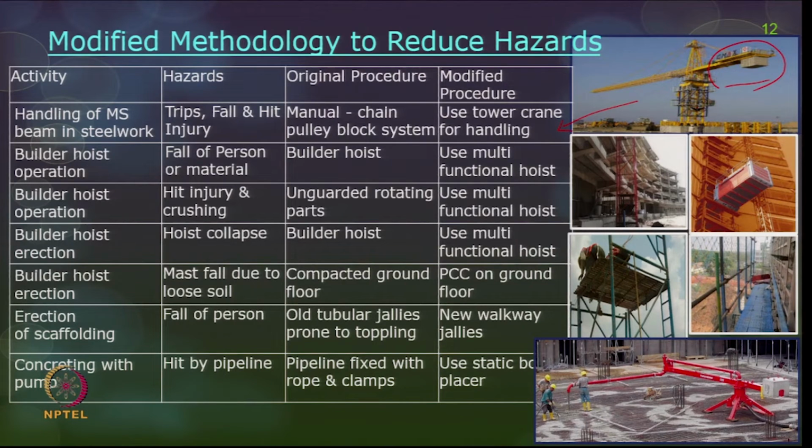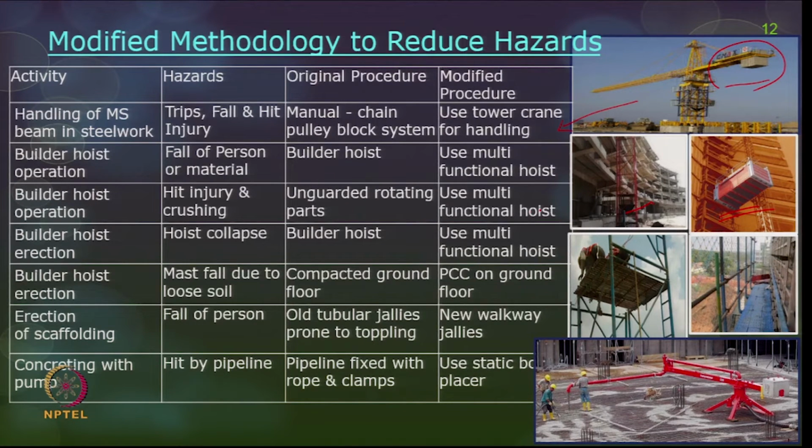Builder hoist operation, fall of person or material. This is a builder hoist. The original procedure was handling of materials with the builder hoist. Then the modified procedure was to use a multifunctional hoist, which is shown here. Builder hoist operation again, hit injury and crushing, with unguarded rotating parts.